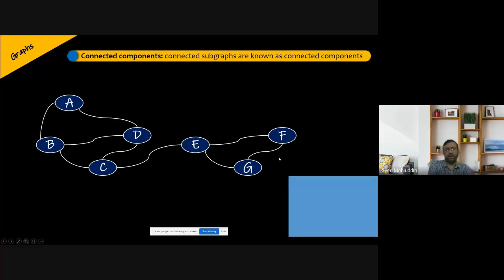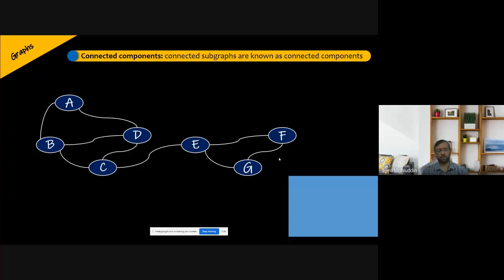Now, why have we talked about subgraphs? Because there is an important thing in graph, and this is the theoretical part. We will not be looking at any algorithm here, but these are theoretical terms which we need to know, and several times they have been asked in the exam: what are connected components, or what are strongly connected graphs.